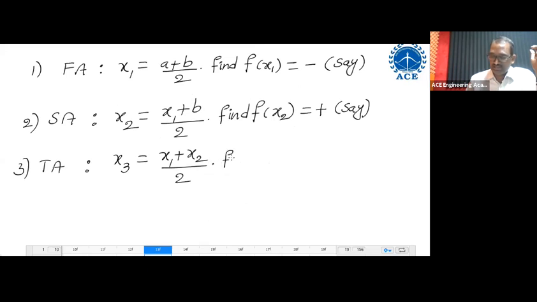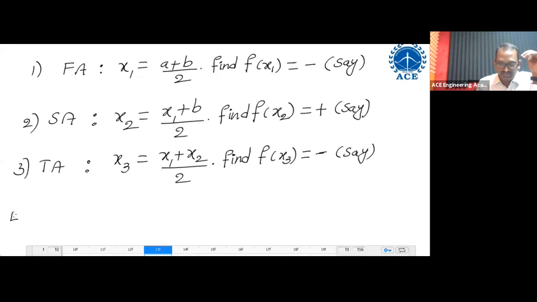Immediately calculate f of x3. We don't know whether f of x3 is positive. If f of x3 is 0, x3 will be the required root. Suppose f of x3 is not 0, then it should be either greater than 0 or less than 0. Suppose it is less than 0, negative, this is our assumption only. Then the fourth approximation is denoted by x4.